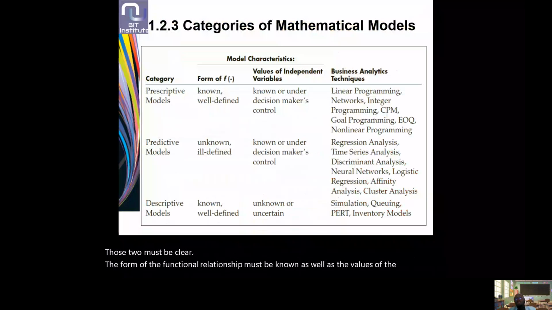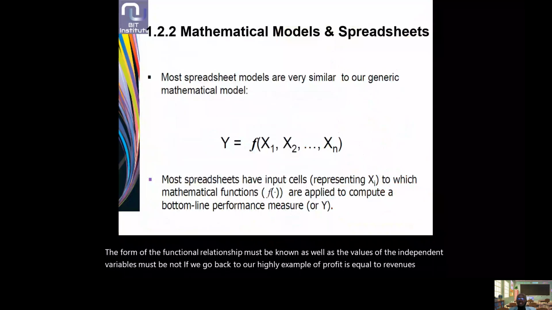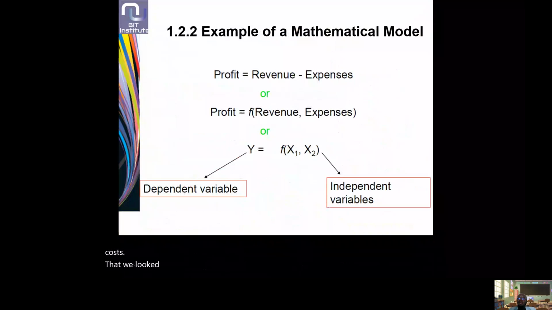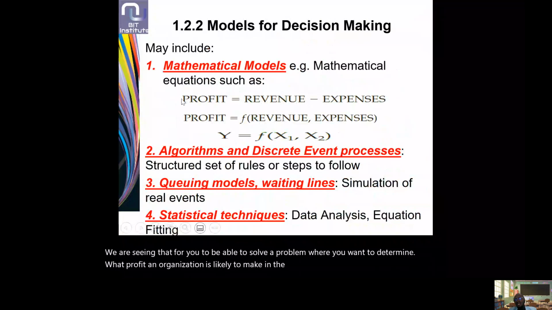If we go back to our earlier example of profit equals revenues minus costs, for you to solve a problem where you want to determine what profit an organization is likely to make in the future, it is important to understand the nature of the relationship between revenue and expenses.